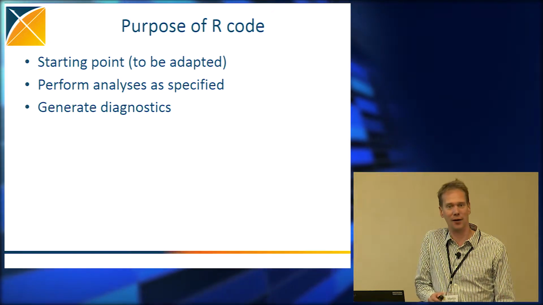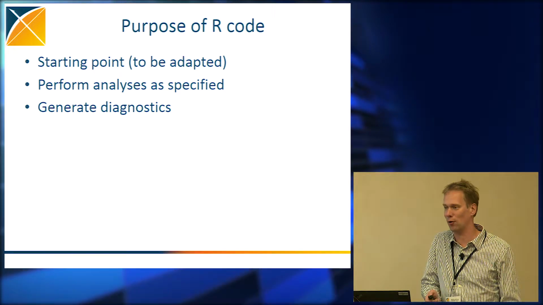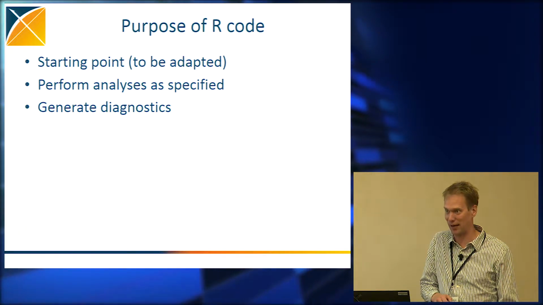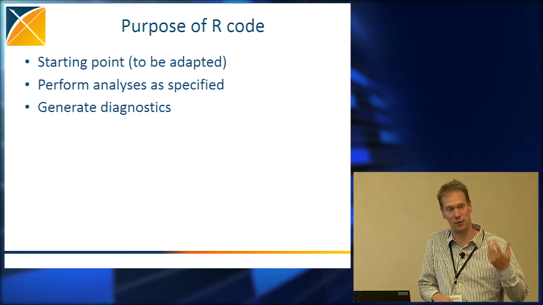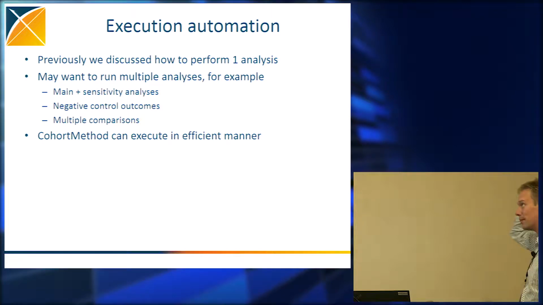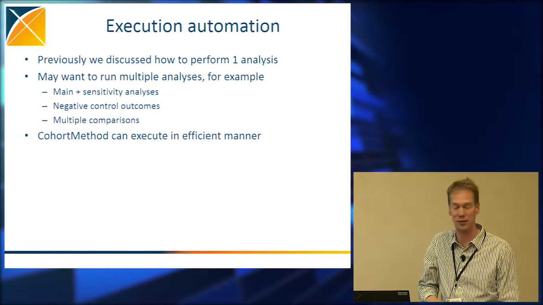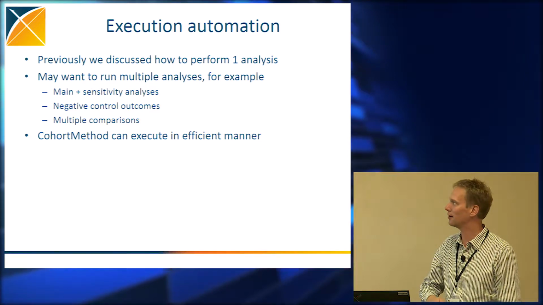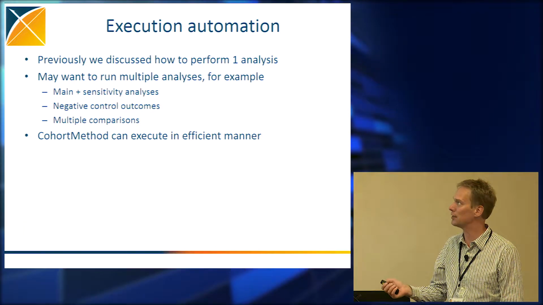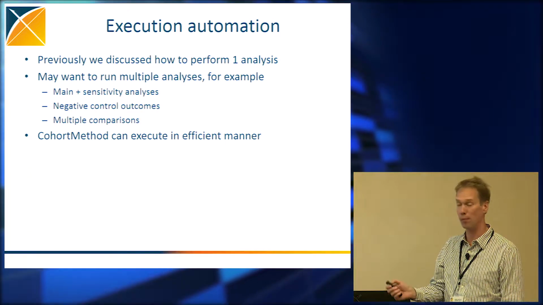So this morning I already disclosed that what I was showing then was actually no longer the code that is being generated by Atlas, because Atlas adds this abstraction layer. So what is that abstraction layer? You can think of it as an execution automation layer, in that whereas we previously discussed how to perform one analysis, you might actually want to run multiple analyses.